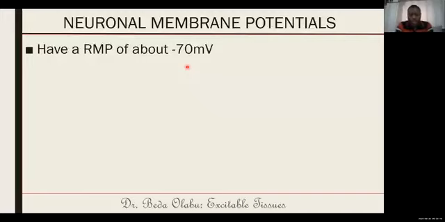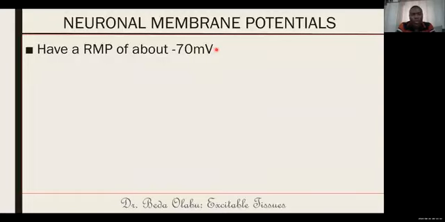So I hope you remember that there are three types of membrane potentials: the resting membrane potential, graded potentials, and action potentials. The resting membrane potential for neurons is at about -70 millivolts.